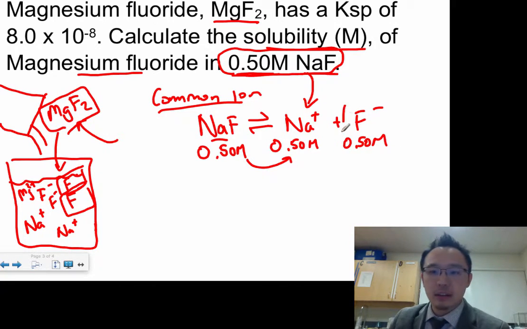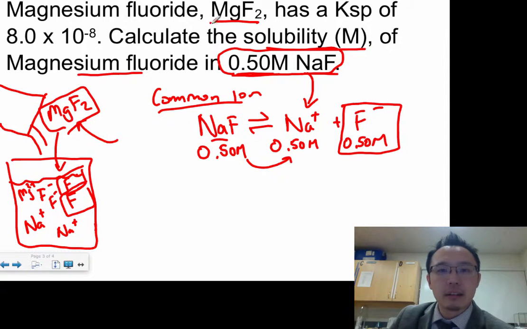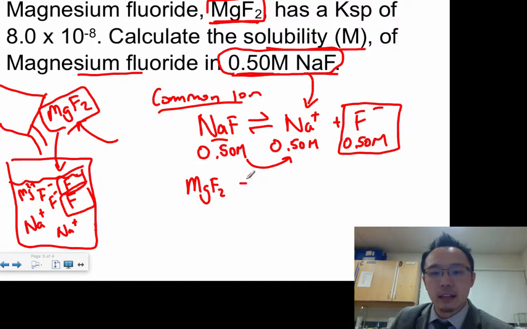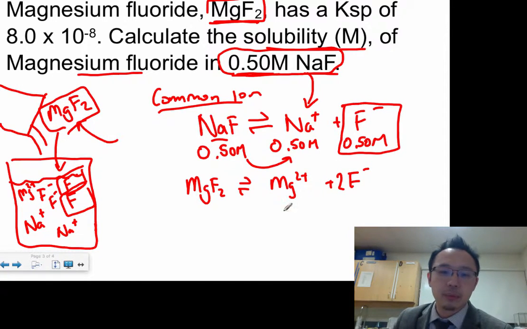That's the concentration of fluoride in this NaF solution. The second step is your magnesium fluoride. If we write it in your equilibrium expression, you get Mg2+ and also F-, but 2 fluorides, because you have 2 of them to balance this out.